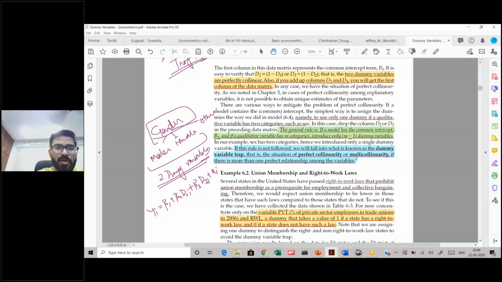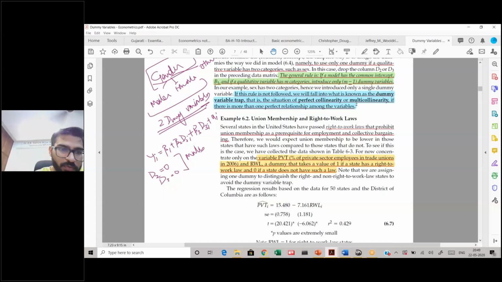Now remember, again we have to take a base value. Suppose we take that when d2 is equal to 0 and d3 is equal to 0, we will have male. That is your base category, which is b1.